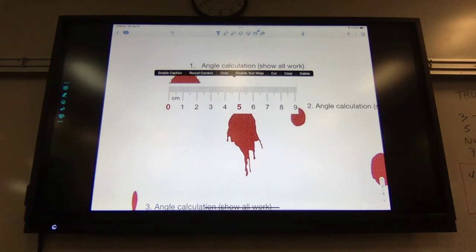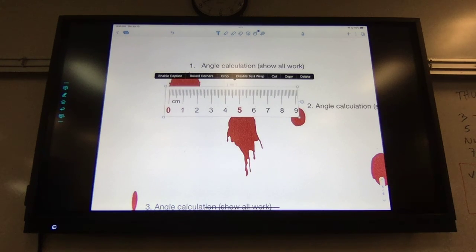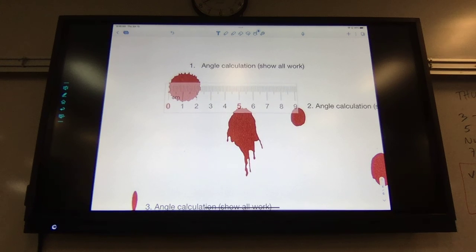So if I press and hold this, I have 20, I'm going to call it 21 millimeters. So between each of these numbers, 1 and 2, these are centimeters, there's 10 millimeters in each centimeter. So I could read this as 2.1 centimeters, or I could say 22 millimeters.